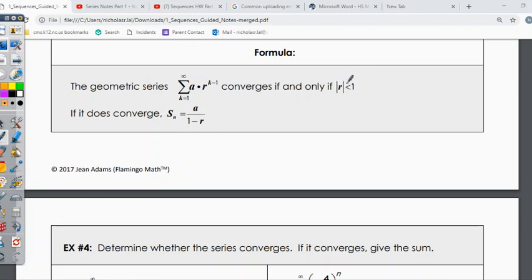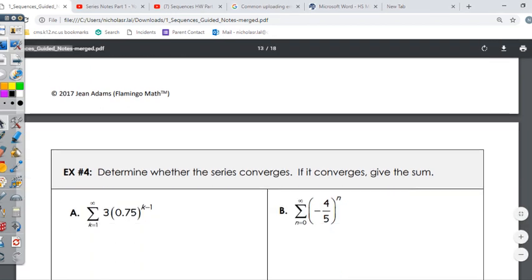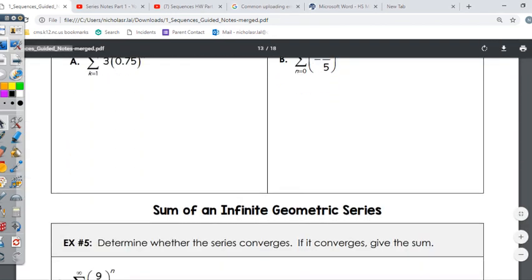Because think about it, if your common ratio is greater than 1, then eventually your series is going to diverge as it gets bigger and bigger and bigger. But if it's less than 1, you can converge to a value. Sn is equal to a over 1 minus r. Remember, a is your initial value, and 1 minus r is 1 minus your common ratio. Okay, so that's just formulas, so no notes taken down there.